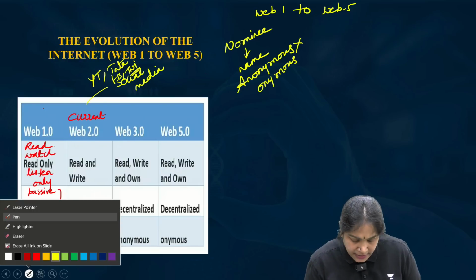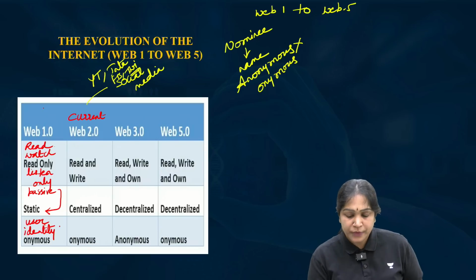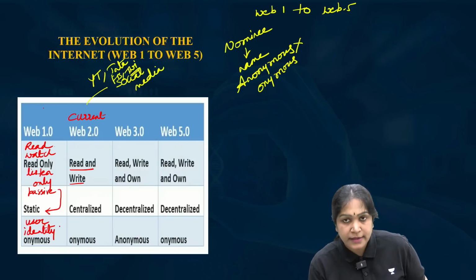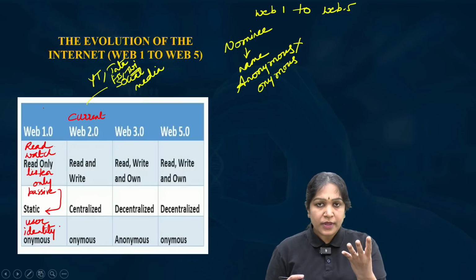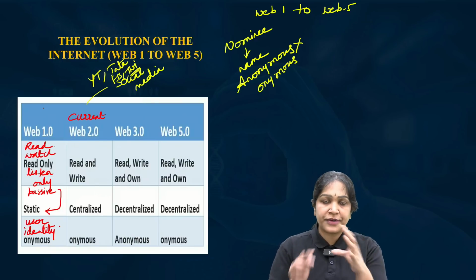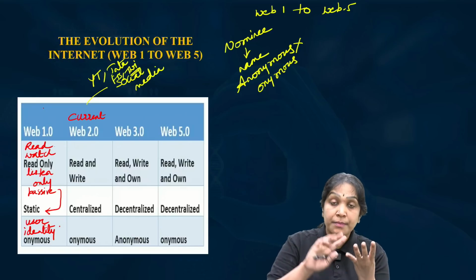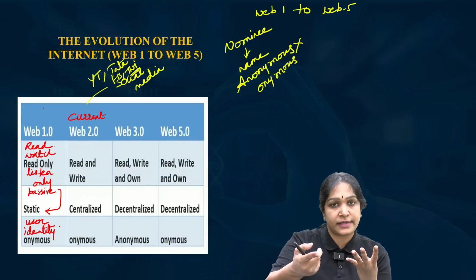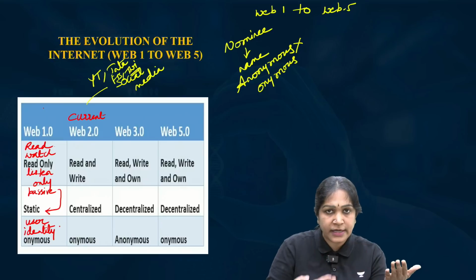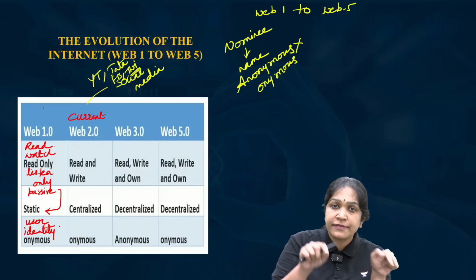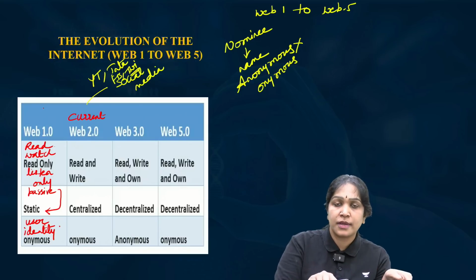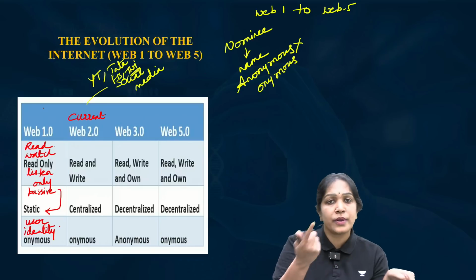Why does YouTube come under Web 2? Because it is read and write. Read and write means, of course, it is not related to only reading. Read, watch, listen. If it is content, you can read it. But you can also upload your content on YouTube. You can watch this video on YouTube and you can also upload your own video.